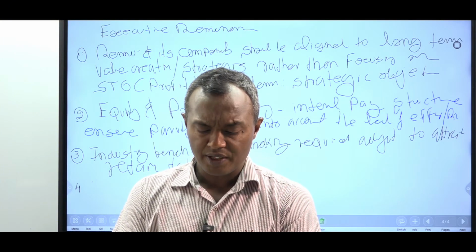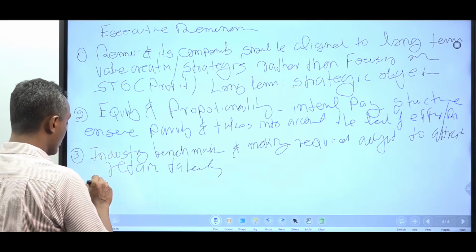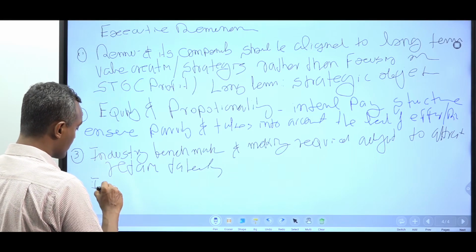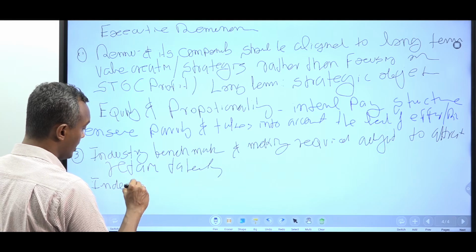Then another very important thing is independent oversight. That's where the Remuneration Committee and Corporate Governance Code come in.